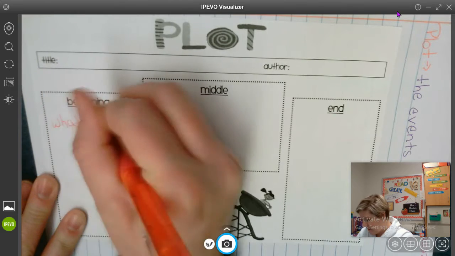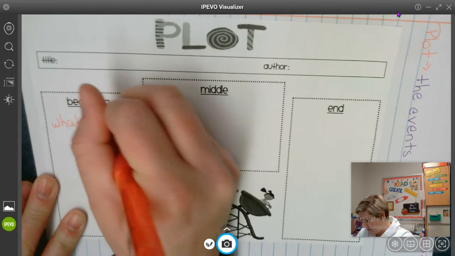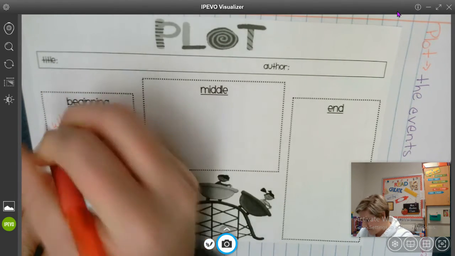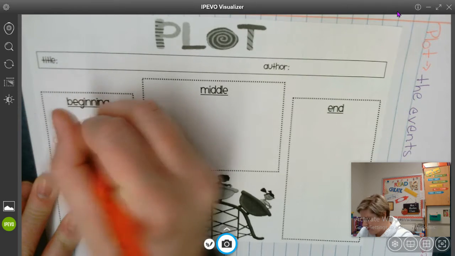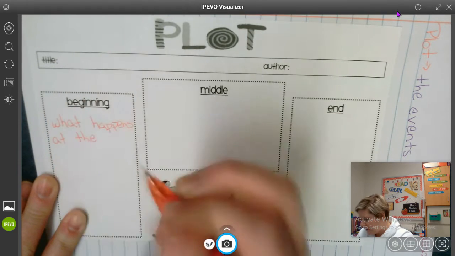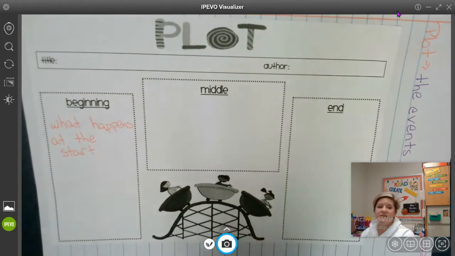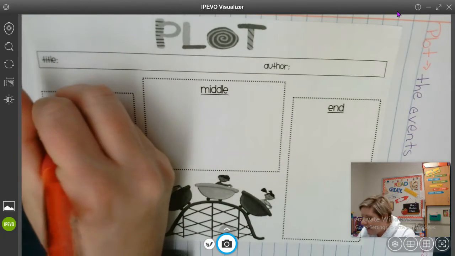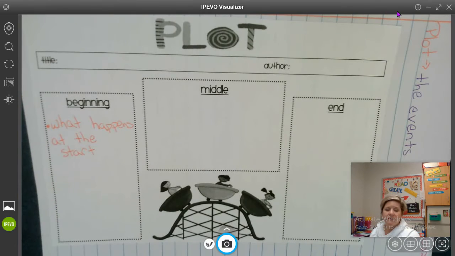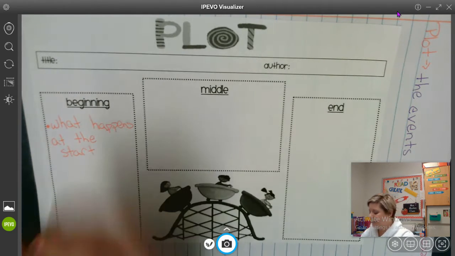So what happens at the start? Now, a couple of significant things happen here. There are several things that happen during the beginning.